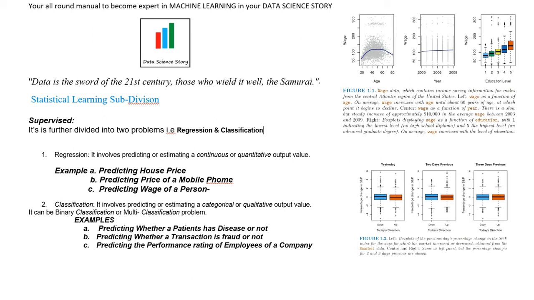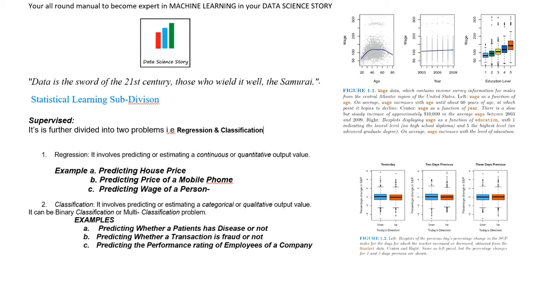Apart from this, there is another subclass of supervised learning, that is classification learning. In classification, we predict or estimate a categorical value. What is a categorical value? A categorical output is one in which we can categorize our output target.